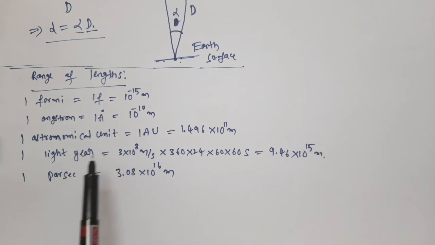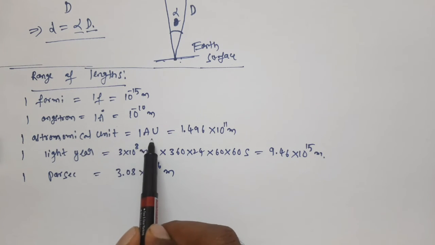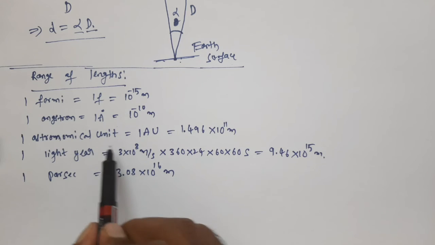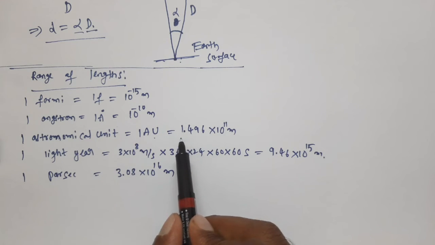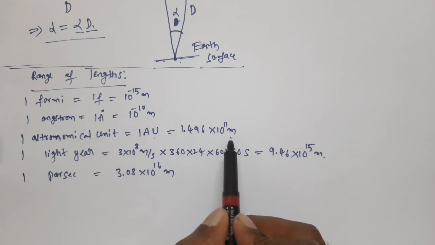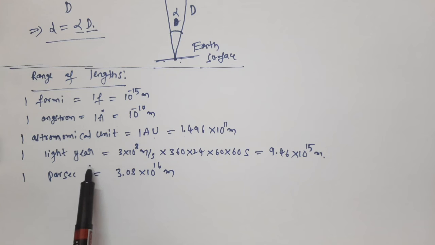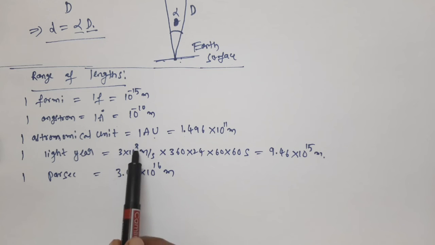And 1 astronomical unit: the average distance between Earth surface and the sun is called an astronomical unit. This is the average distance between Earth surface and the sun, that is 1.496 into 10 power 11 meters. And 1 light year. Light year means the distance traveled by light in 1 year. We know the speed of light, that is 3 into 10 power 8 meter per second.